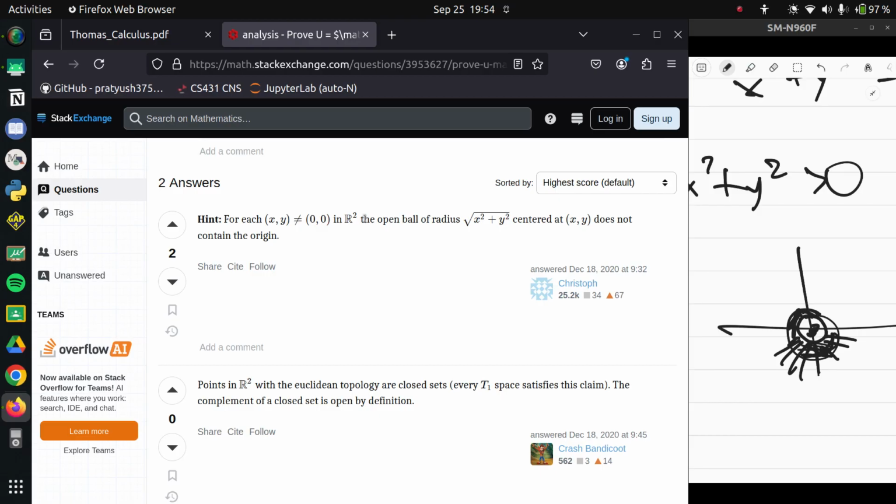So for each (x, y) which is not (0, 0) in R2, an open ball of small enough radius centered at (x, y) does not contain the origin. Right, so the disk, you can shrink that a bit, and then just say, okay, cool.